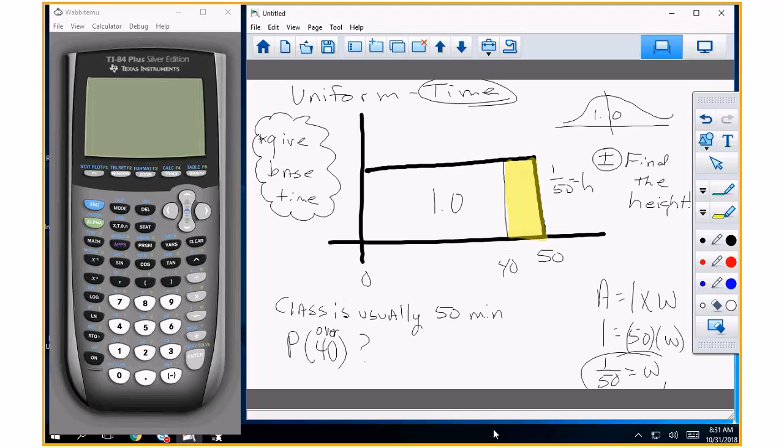So somebody tell me what the math is, and that's part 2. So I'm going to go up here, part 2. I'm going to say, okay, the probability of X being greater than 40 minutes is equal to what? Somebody tell me what the math is.